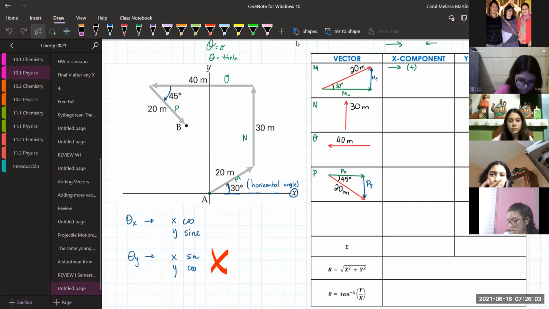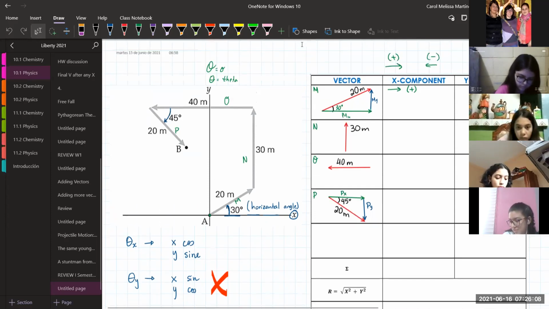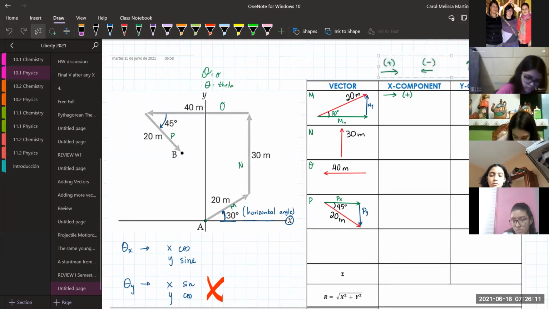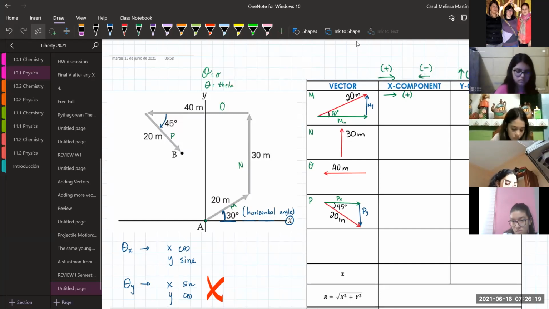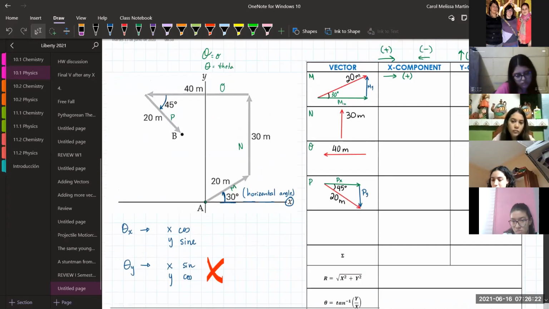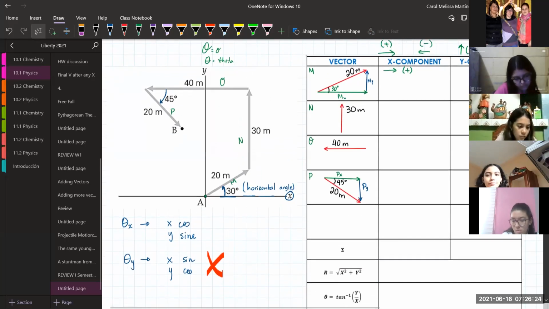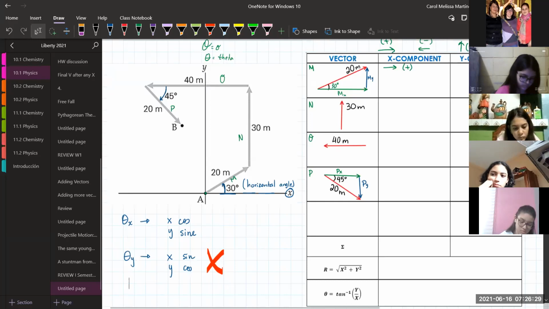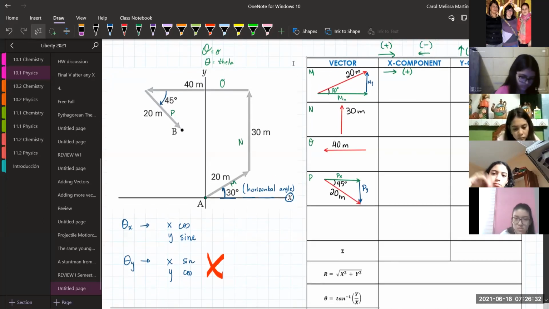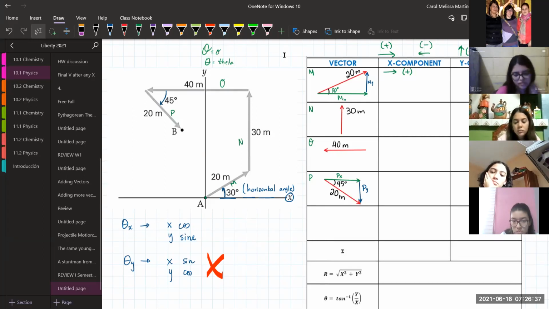Up means positive, and down means negative. So the x component, because it goes to the right, the answer will be positive.